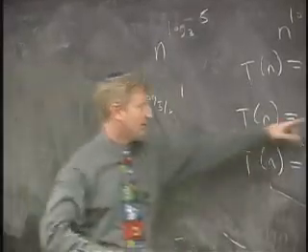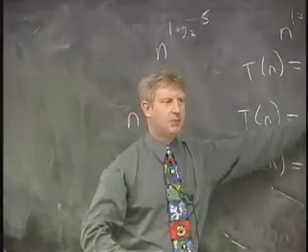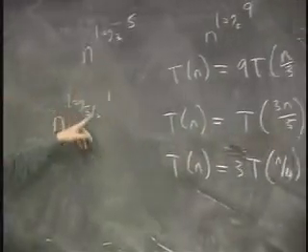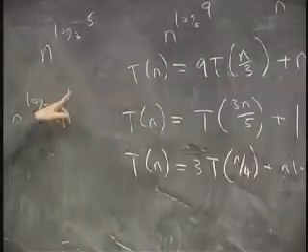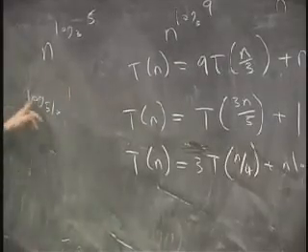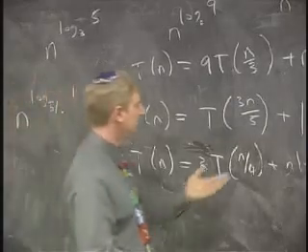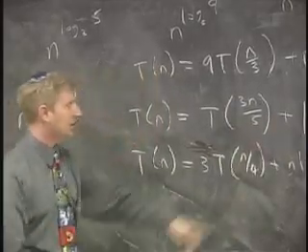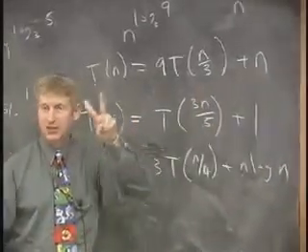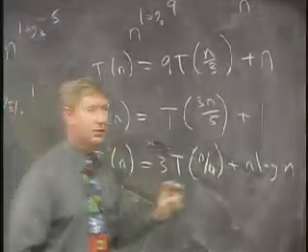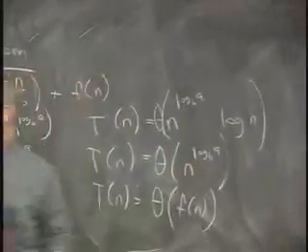So the fact that this is 5/3 is kind of just a red herring. Could be any fraction at all. Log base anything of 1 is 0. n to the 0 is a constant. They're the same. So the complexity of this algorithm is a constant times log n.